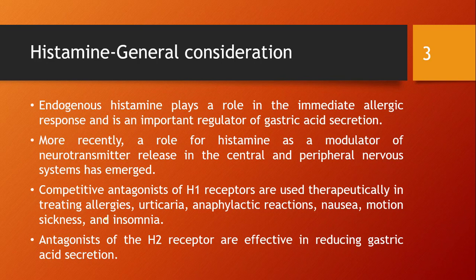Competitive antagonists of the H1 receptor are used therapeutically in treating allergies, urticaria, anaphylactic reactions, nausea, motion sickness, and insomnia. Antagonists of the H2 receptor are effective in reducing gastric acid secretion.